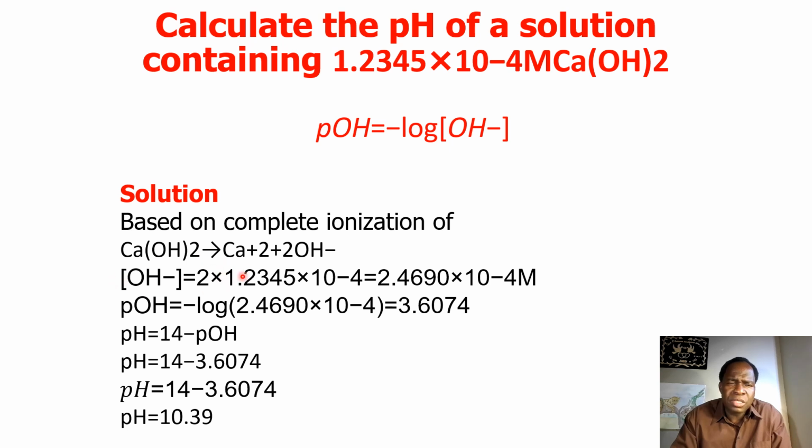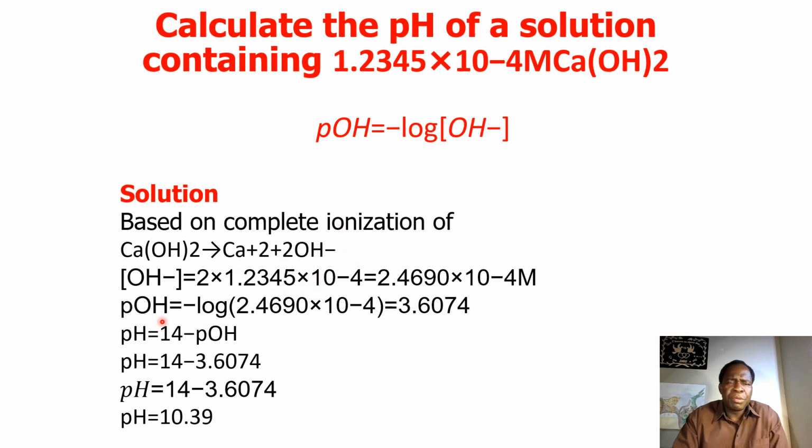Calcium hydroxide will dissociate in solution and give Ca2 plus and 2OH minus. So when you start with X mole of Ca(OH)2, it will give you the same number of moles of Ca2 plus, and 2 times that number of moles of hydroxide ion.